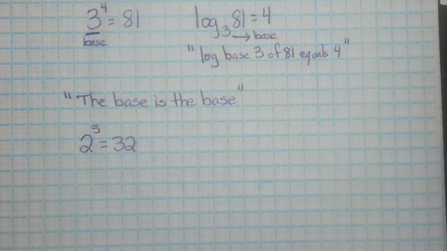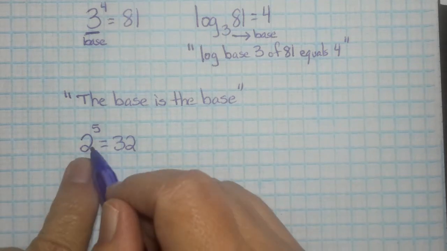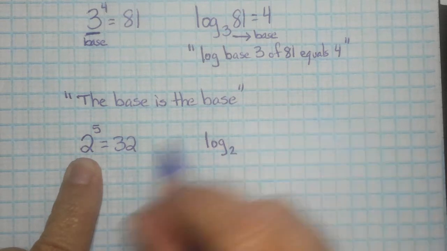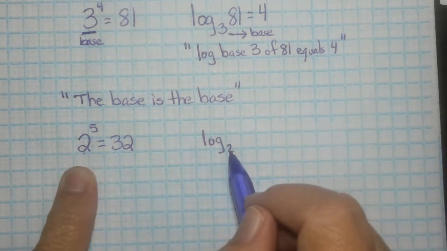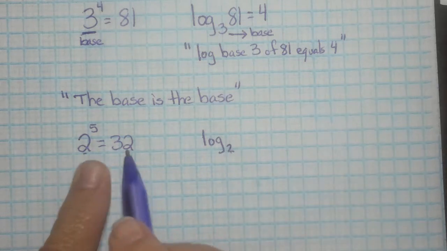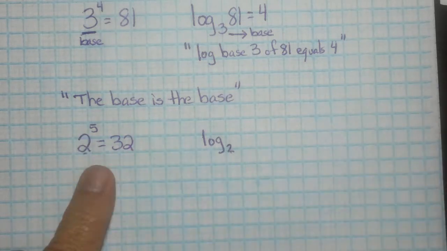Alright, so if I have 2 to the 5th is equal to 32, and I want to write the logarithmic sentence that goes with that, I write log base 2, because the base is the base. So the 2 and the 2. Now, what's on the right-hand side of the equals can't stay the same, right? That part's got to change around.